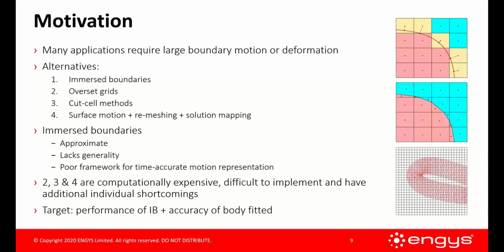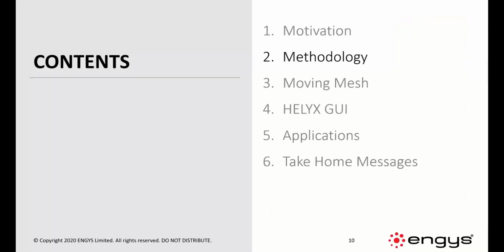Options 2, 3, and 4 are notoriously computationally intensive, difficult to implement, and have additional shortcomings like mass loss or continuity errors. So for GIB, we had this target of having the performance of immersed boundary, but the accuracy of a body-fitted methodology that we normally use for mesh motion.